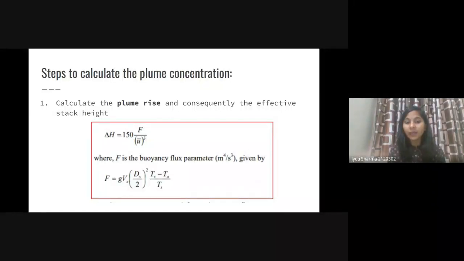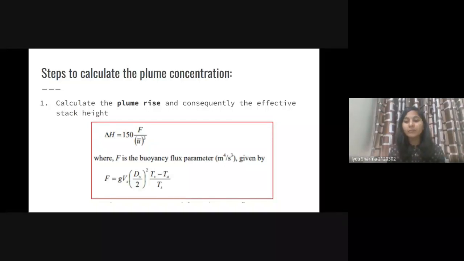Okay, this is V. Then ds is nothing but the diameter of the stack upon 2. Then Ts is the temperature of the gas that is emanating from your stack, and Ta means the temperature of your ambient air, and Ts again the stack temperature.